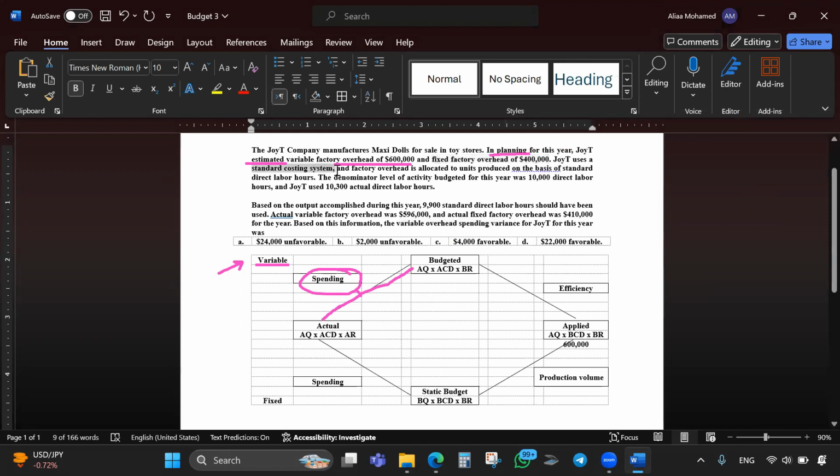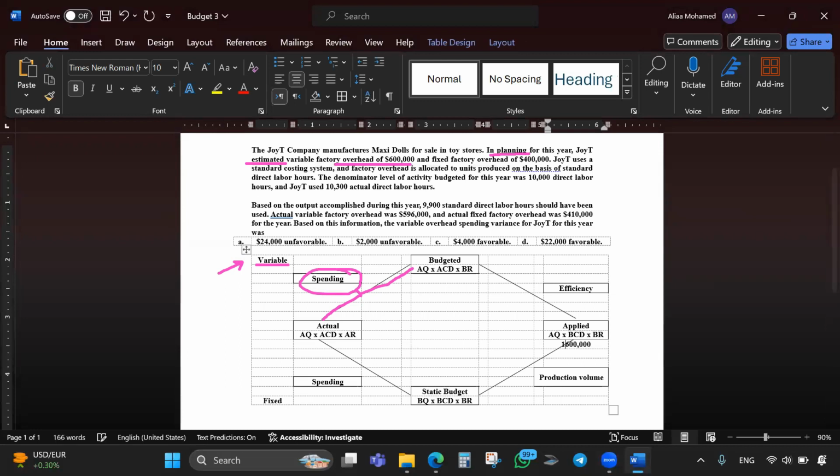JoyT uses standard costing system, and factory overhead is allocated to units produced on basis of standard direct labor hours. When we are allocating the cost, we use direct labor hours, which is the denominator level of the activity budgeted for this year, 10,000. So 10,000 direct labor hours will be used to allocate the cost.